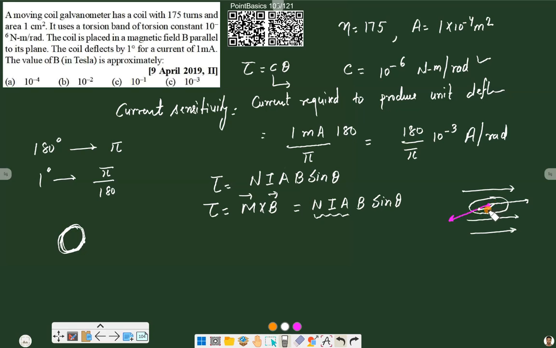So here we will get sine 90, and sine 90 is 1. And torque, as we all know, is C theta, torsion constant into theta, equal to N I A B. And from this we can write that B is equal to C theta by N I A.